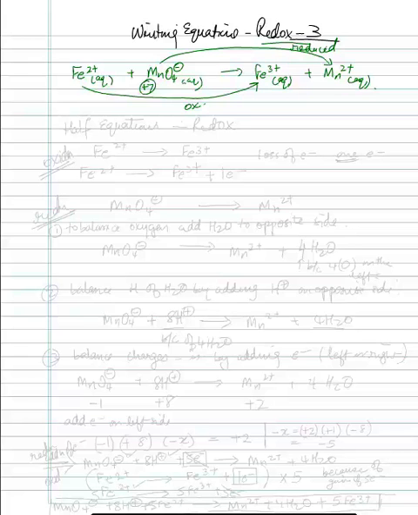What we do in this part is we write half reactions or half equations, and so we separate our redox reaction into reduction and oxidation. We'll take the simple one first. Fe2+ going to Fe3+, and this is loss of electron.